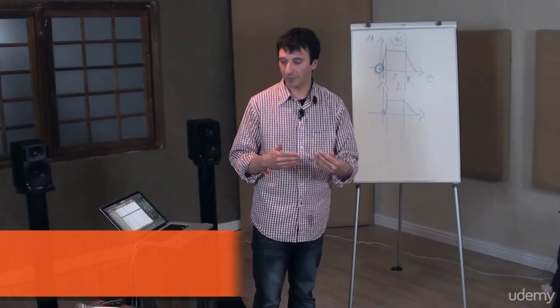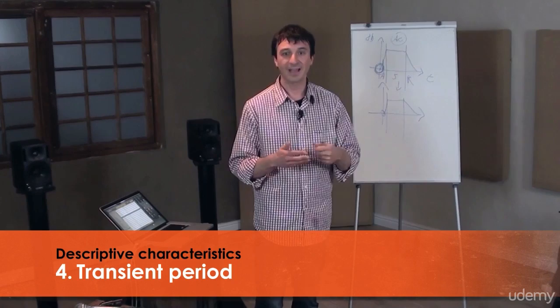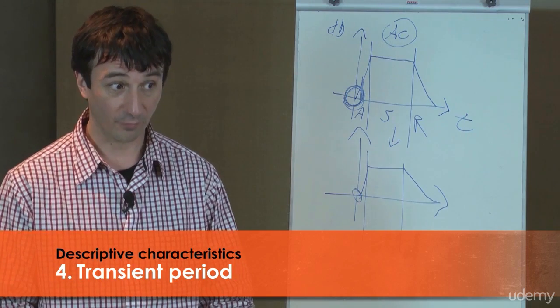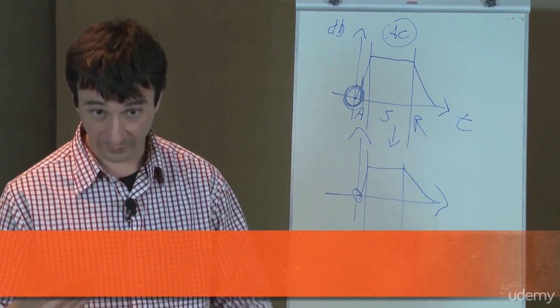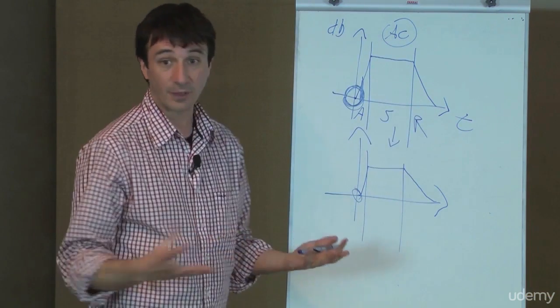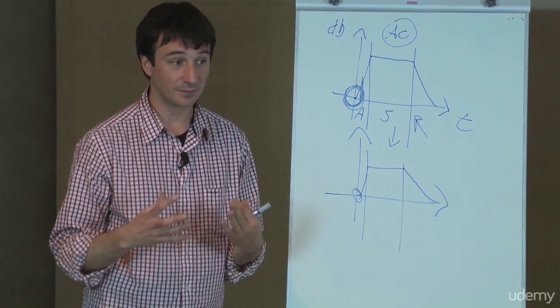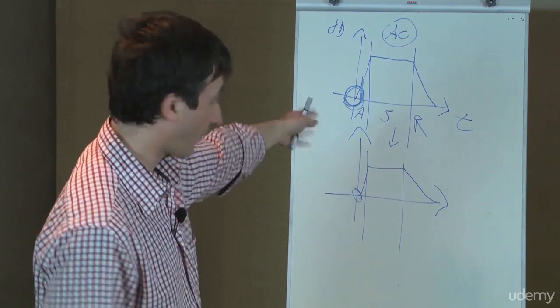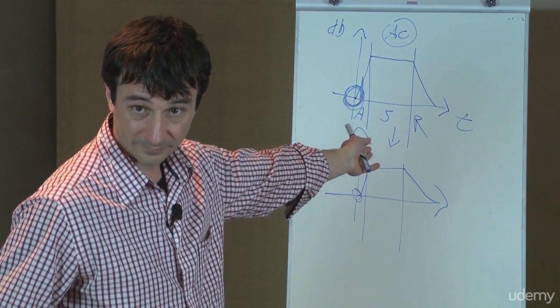So the transient period in a microphone describes how quickly the mic kicks in. Therefore, if it kicks in quickly, it preserves the envelope really rather well. Now, in some types of instrument, let's say a percussive instrument, this is a rather important factor.